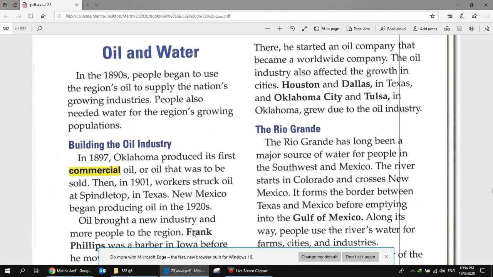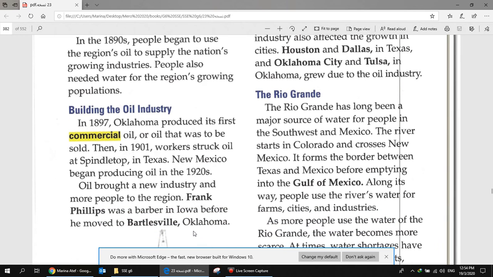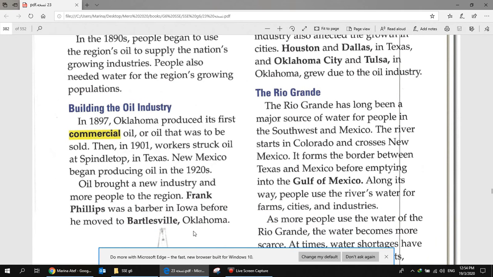After the land resource, we have the oil and water. How about the oil and water? Okay, building the oil industry. Oklahoma produced its first commercial oil. What is the meaning of the word commercial? Exactly, commercial, something you can sell and buy. Commercial oil was to be sold.